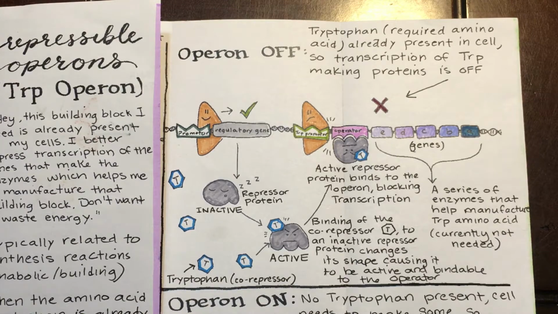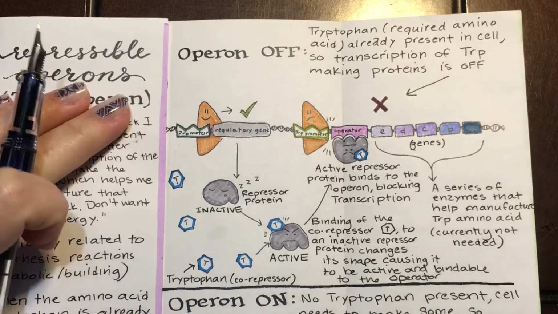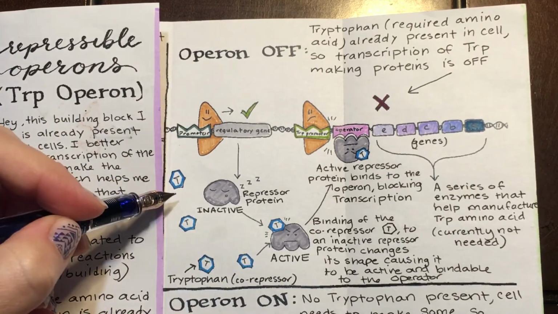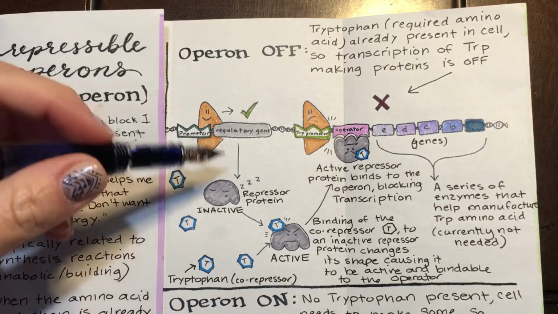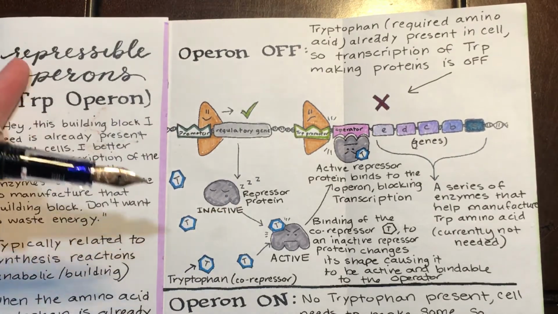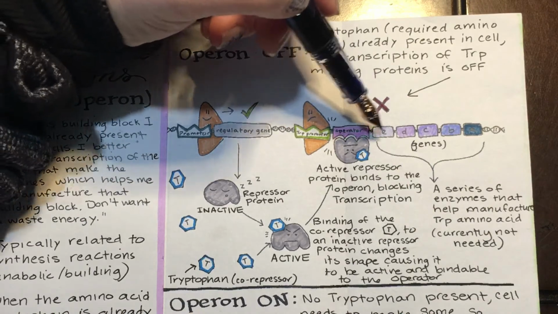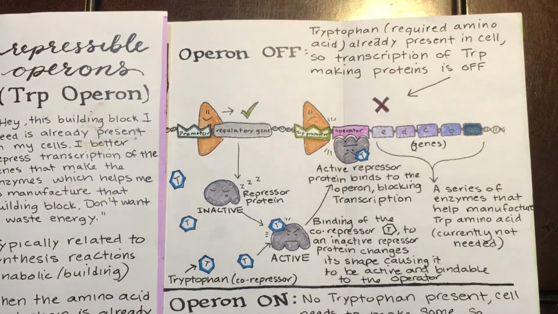You've got to have enough tryptophan to be able to make the proteins you need. So if there's plenty of tryptophan already present in the cell of this bacteria, then we don't need to be making more tryptophan. We've got it, right? So let's go ahead and turn off the transcription of the genes that help us do tryptophan manufacturing.